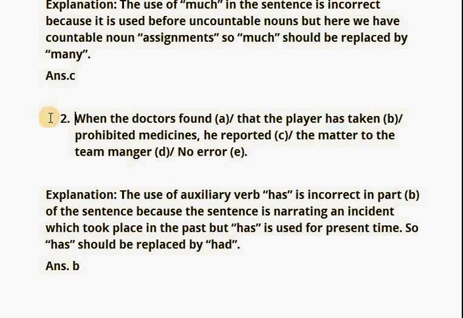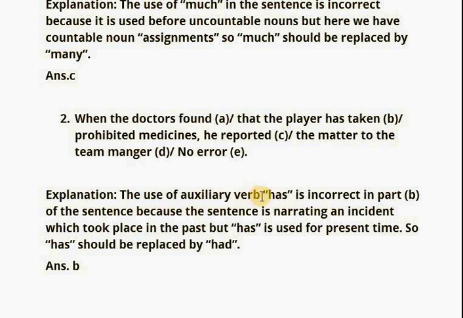Then you can frame the sentence like this: when the doctors found that the player had taken prohibited medicines, he reported the matter to the team manager. You can see the explanation here.